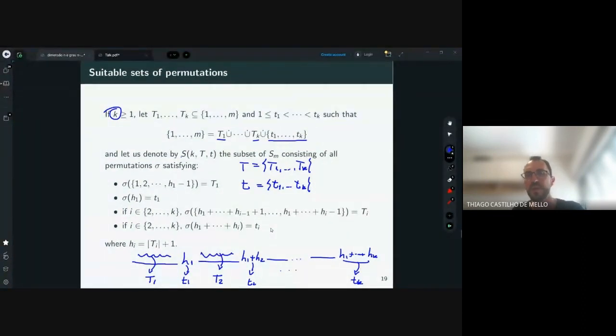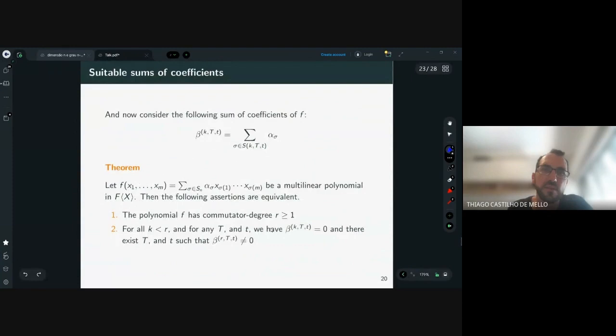Okay, and we are defining these because we are considering this coefficient here, which is the sum of all coefficients indexed by permutations which are in this SKTT. Why is this important? Because with that we can characterize polynomials of commutator degree R. So consider a multilinear polynomial.